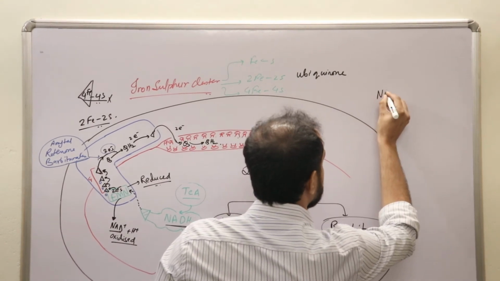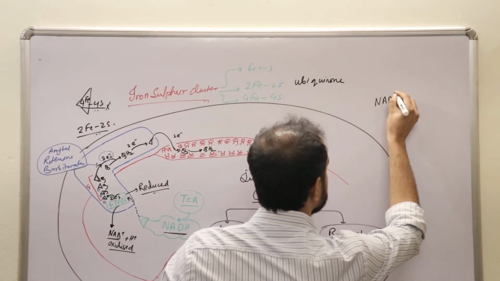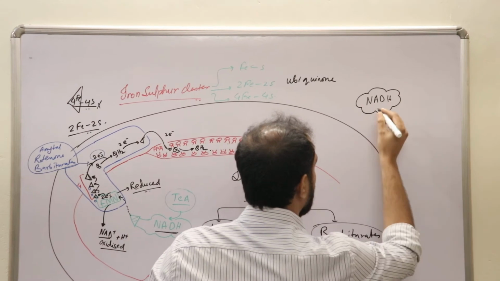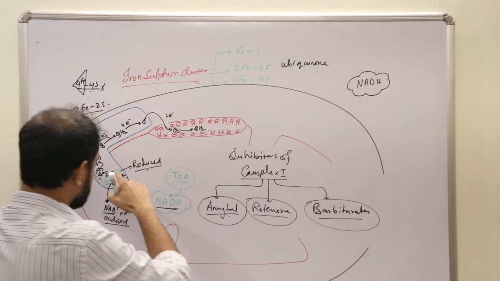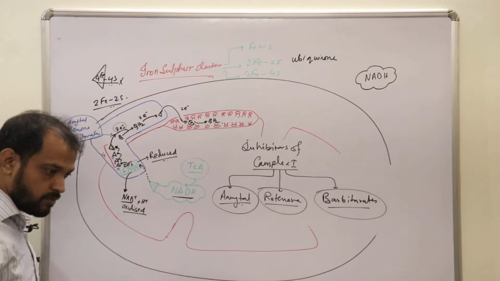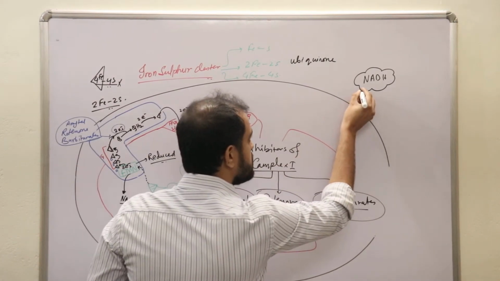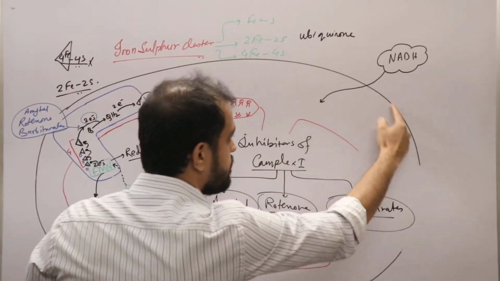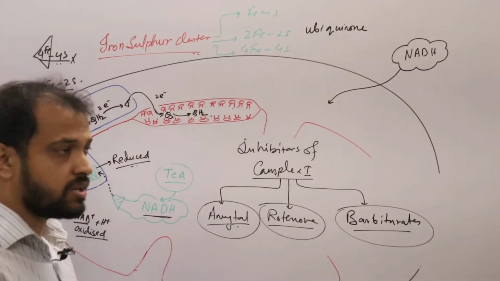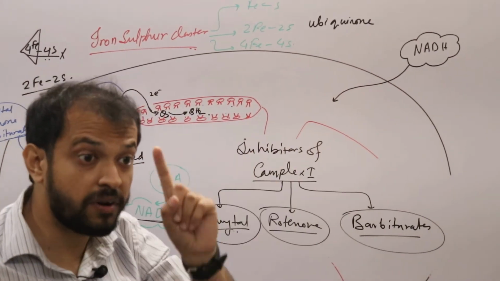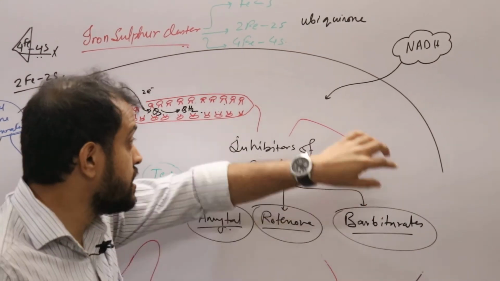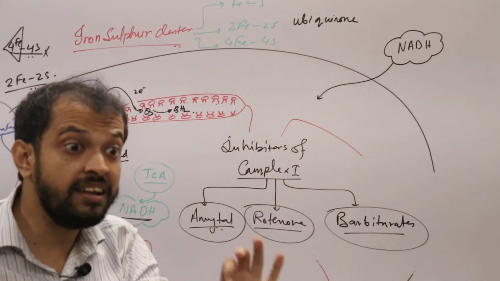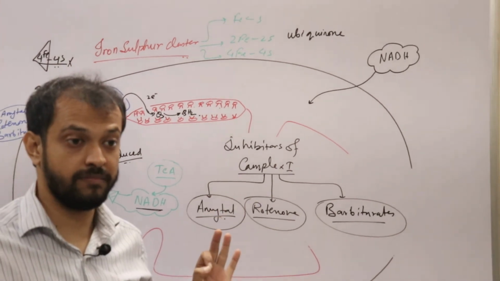Why? Because suppose this NADH wants to participate in the electron transport system, but the problem is this: it is very easy for this NADH to go through the outer mitochondrial membrane, but I have already said that the inner mitochondrial membrane is highly selectively permeable.